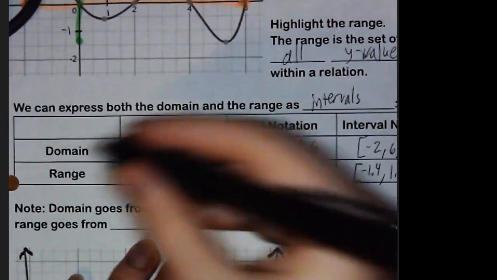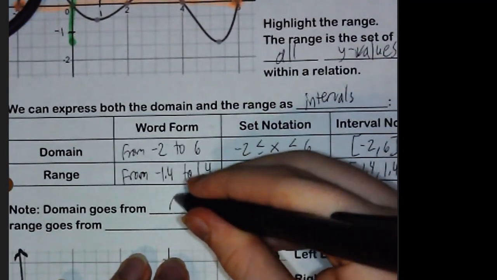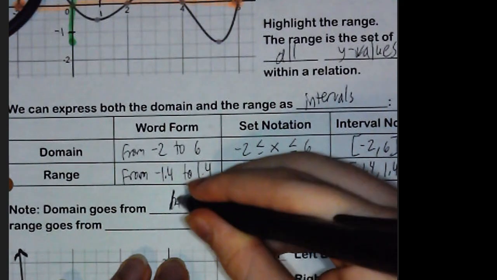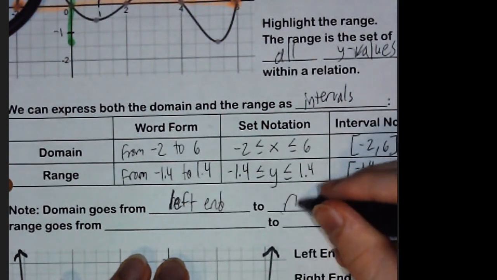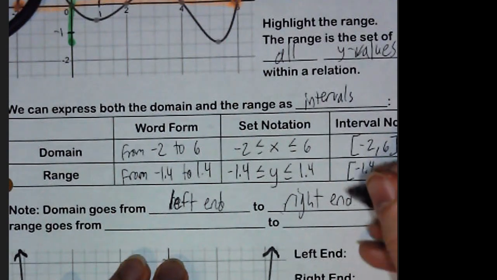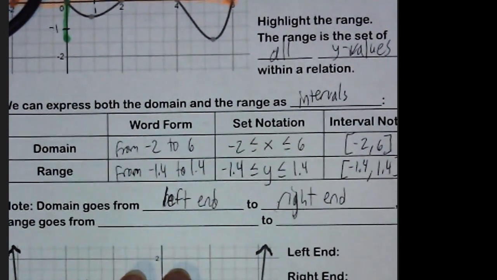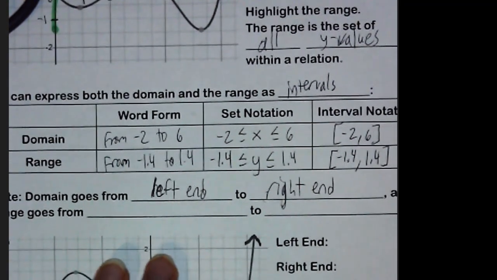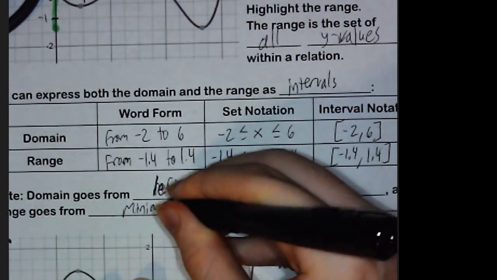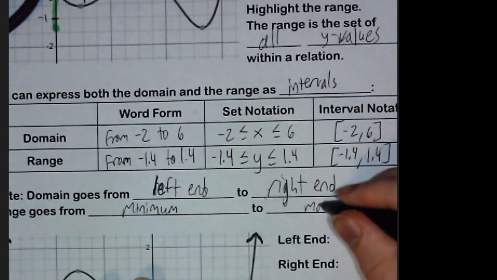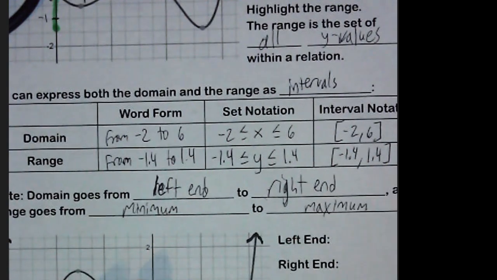Now note, domain usually goes from the left end to the right end. And the range usually goes from the minimum, usually the absolute minimum, to the absolute maximum.